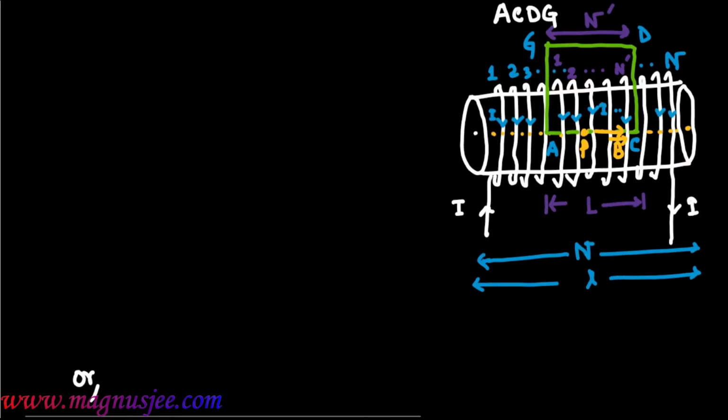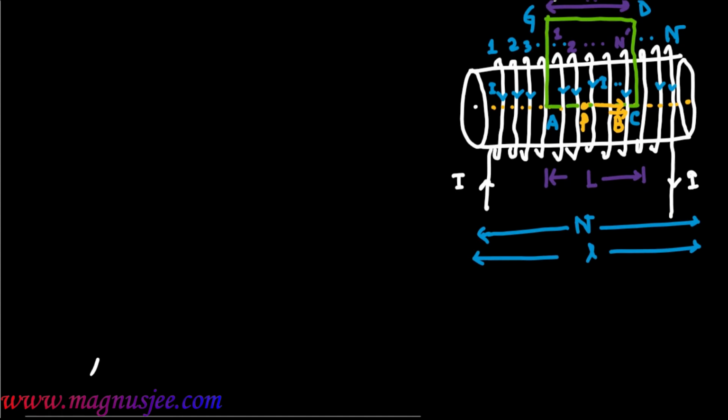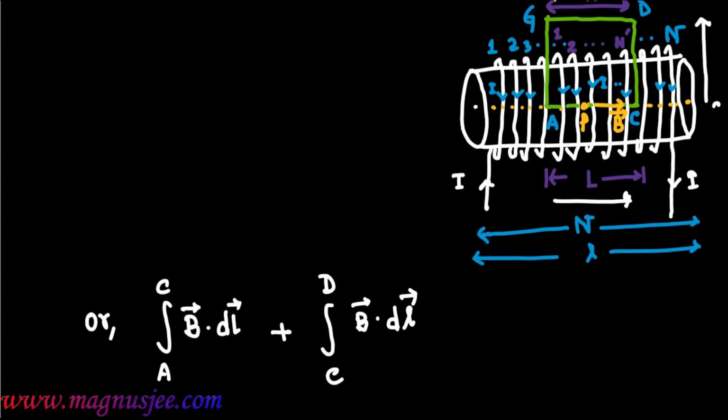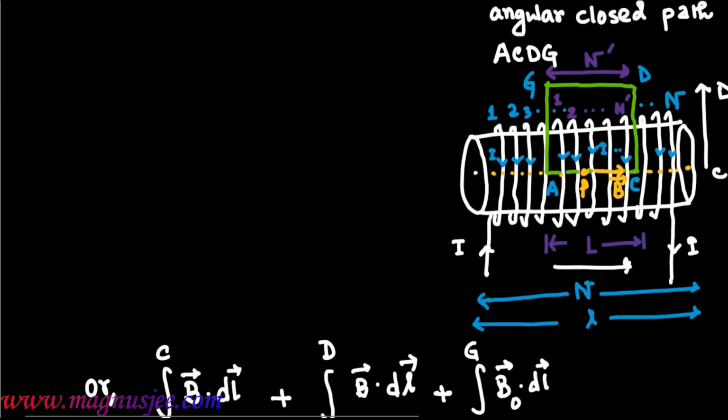Now at P, magnetic field B acts along the axis from south pole to north pole inside the solenoid. So closed integration vector B dot dl, from A to C, integration vector B dot dl, then integration vector B dot dl from C to D along CD, plus integration D to G vector B naught dot dl, where vector B naught is a magnetic field induction acting outside.